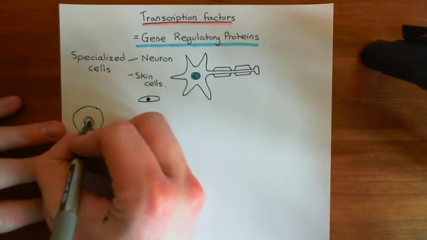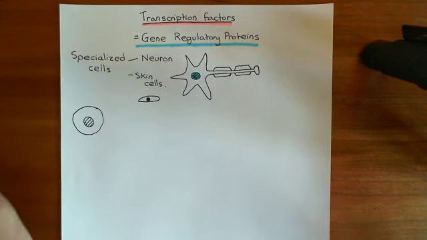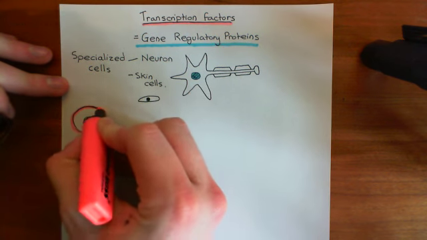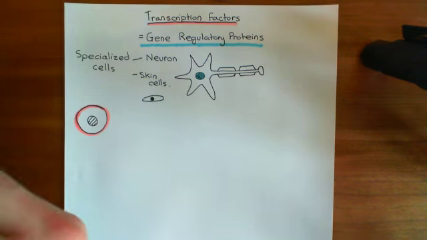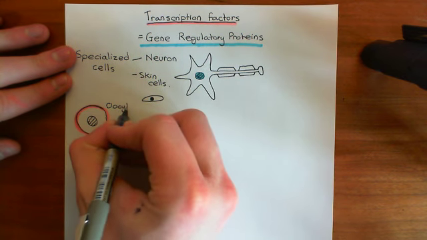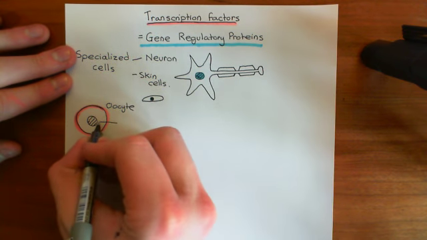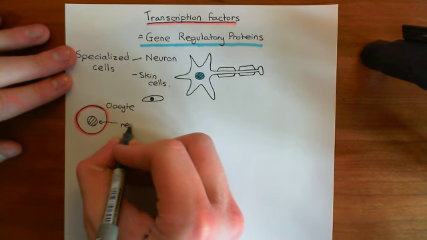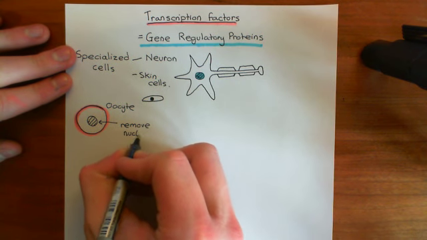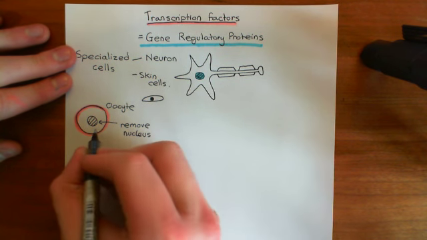So you take an unfertilized egg cell, and we'll have the unfertilized egg cell here in red. So this is an oocyte from a frog. Then what you do is you enucleate it. You remove the nucleus of the unfertilized oocyte. You've then got an oocyte with no nucleus in.